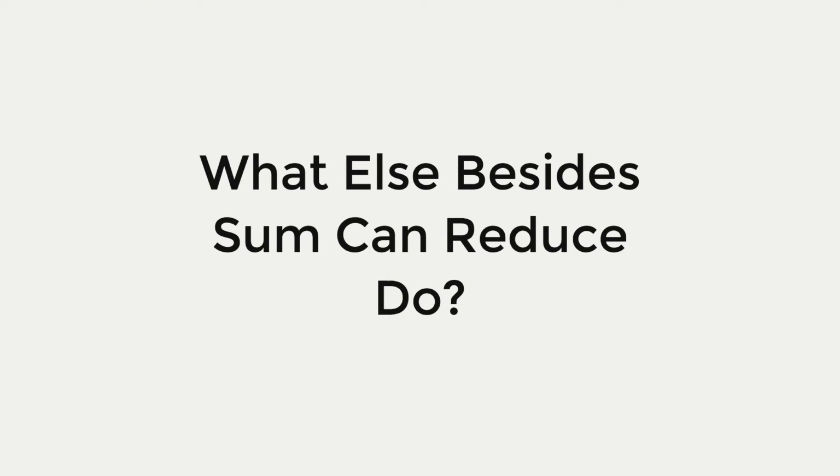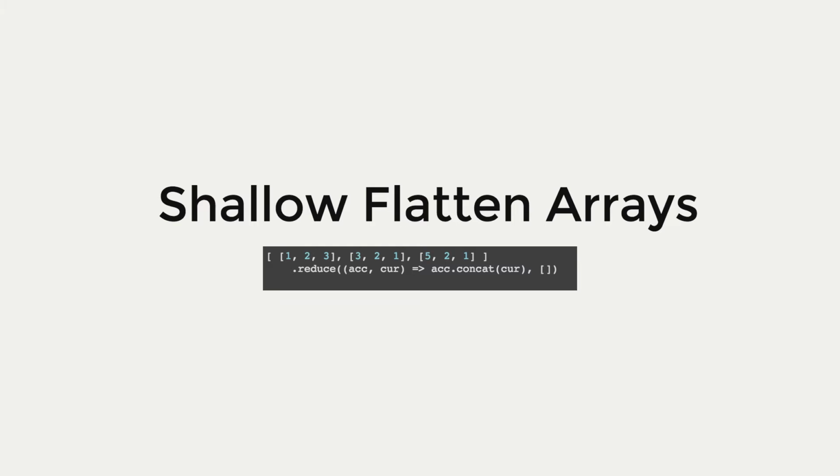So what else can we do besides sum, right? Sum is kind of practical, and it seems like you could probably write that in a lot of different ways. So how about this? We can take a shallow nested array, or an array of arrays, and we can use reduce to flatten it. So the result of that would be 1, 2, 3, 3, 2, 1, 5, 2, 1, all in an array, right?